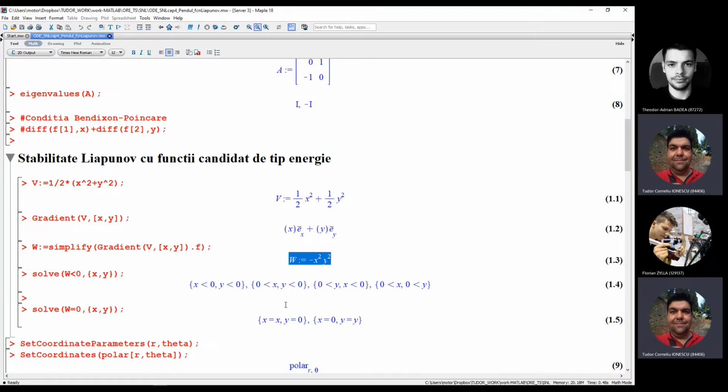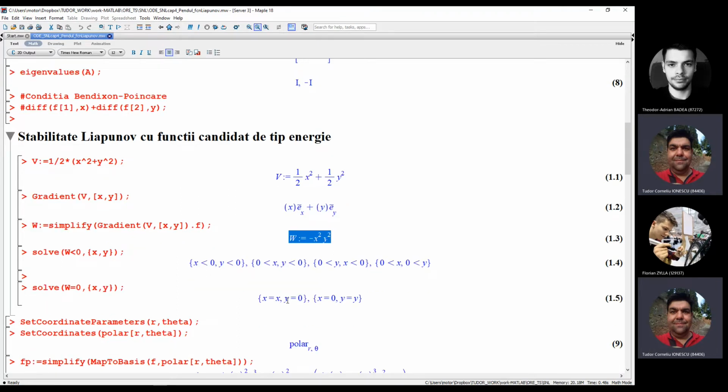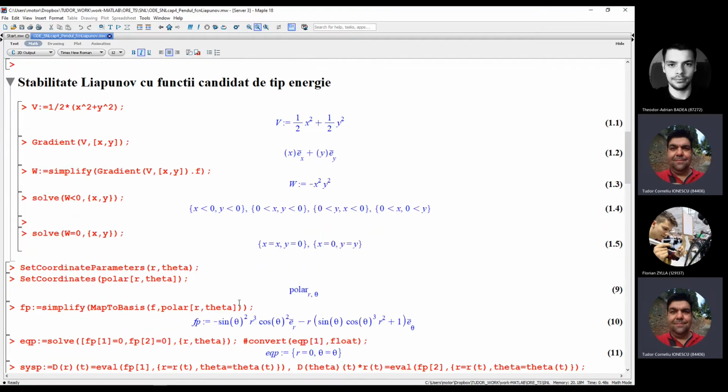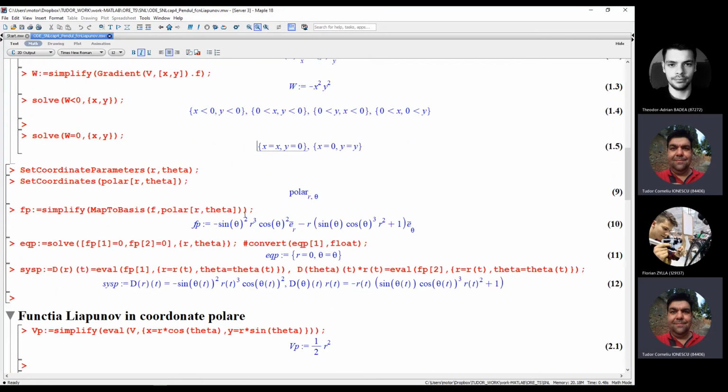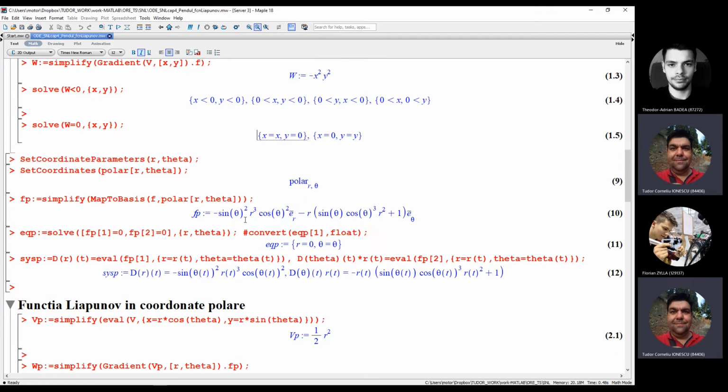This is the solution of this. And here I'm checking the solution where it can be 0. Actually, if you use LaSalle's principle, you may come up with the origin to be an asymptotically stable point, essentially.